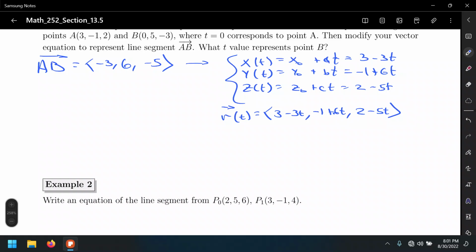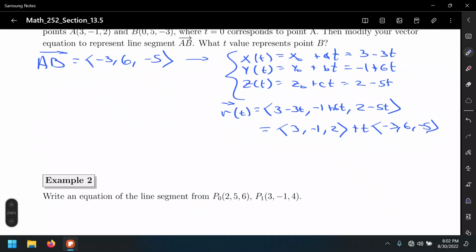So in terms of two terms, one vector for the constant terms and plus t times -3, 6, and -5. Doesn't that look like the mx plus b in a way? But in this case, those coefficients m, the coefficient m and the constant b, are not just numbers, are actually vectors in 3D.